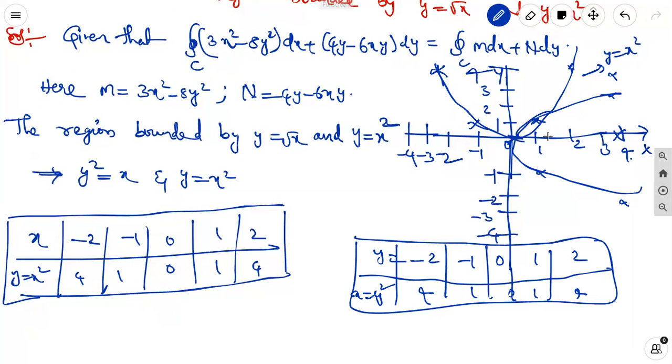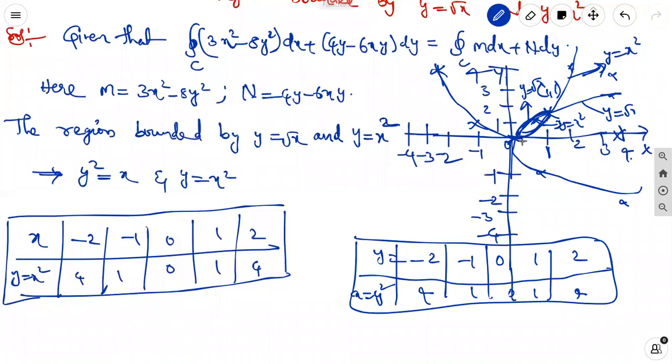The intersecting points are (0, 0) and (1, 1). This is the y = x² curve, and this is the y = √x curve. The upper curve is y = √x and the lower curve is y = x².